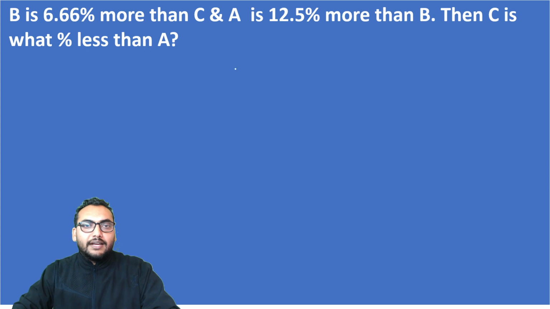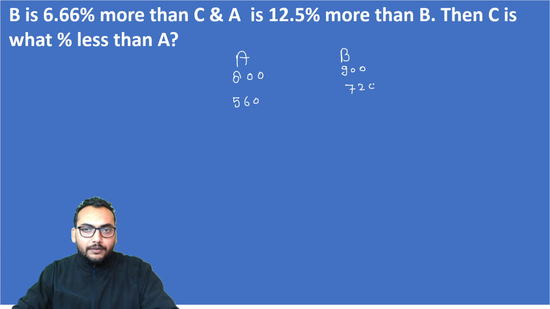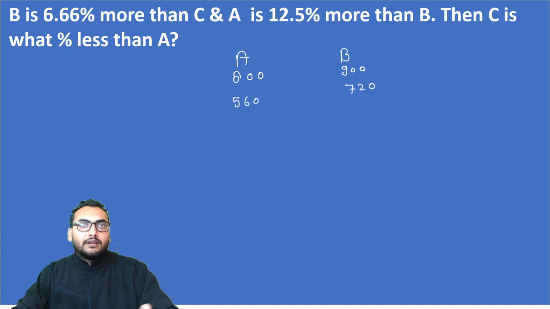Okay, my last question is that, let us suppose there are two persons, two students. A scored 560 out of 800, and B scored 720 out of 900.